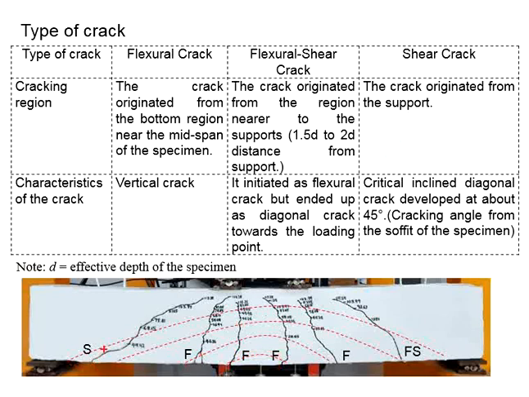It reduces further away from the center. If you plot the contour of the tensile stress, it should look something like this. High stress at the middle and lower stress further away. That's why the first crack normally happens here.